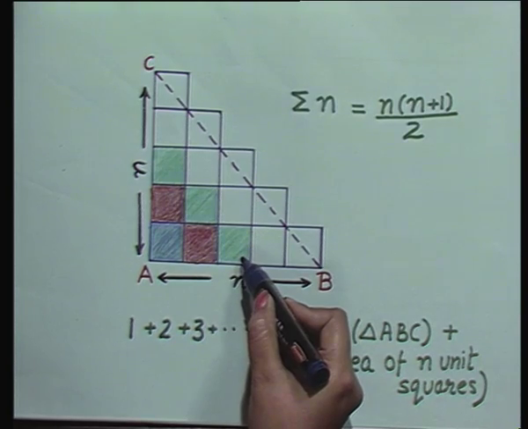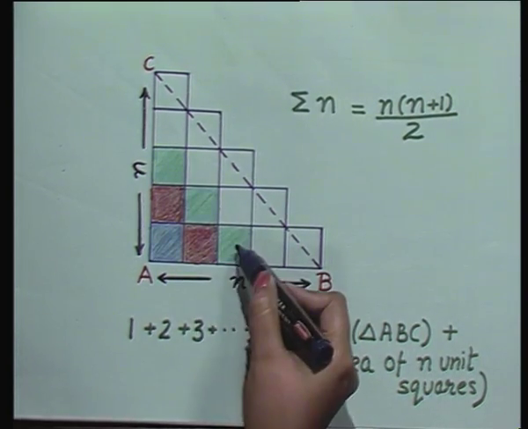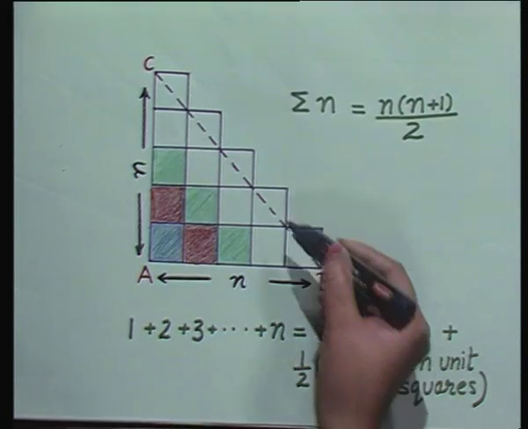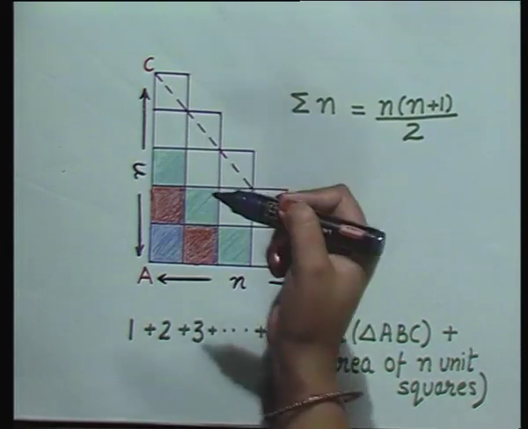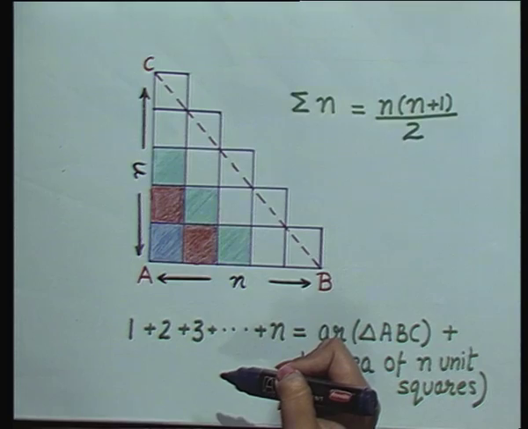Similarly, number 3 you can take and represented by 3 unit squares, here shaded in green. You can go on representing the numbers 3, 4, 5, etc. till the number n is represented by n squares of unit area. Here, suppose these are the squares whose diagonals will lie along the side BC.